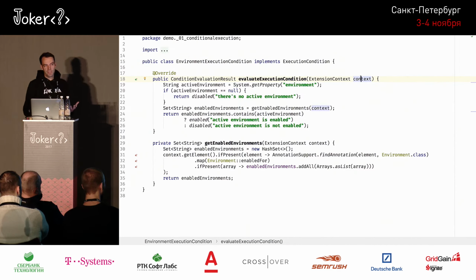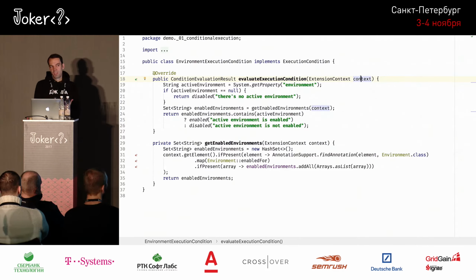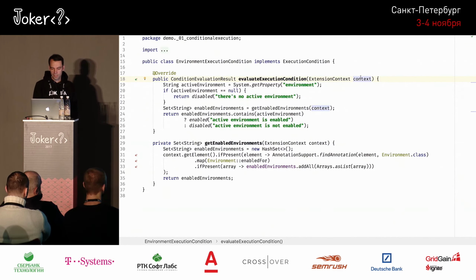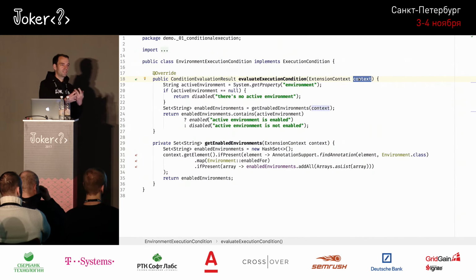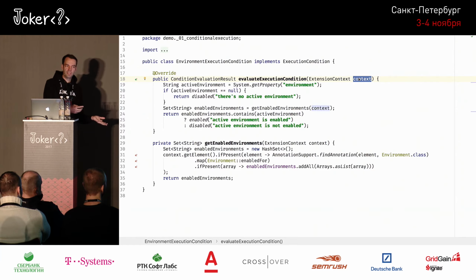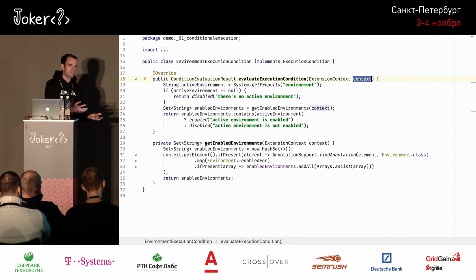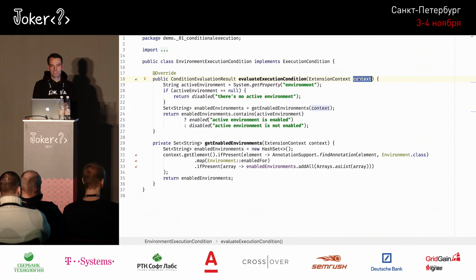For now, you can think of the extension context as a representation of the current location in the test tree. So for example, a test method has an extension context, a test class has an extension context. And from that extension context, you can get access to things like the display name of the test, or which tags it has, which test method it is for, or which test class, all kinds of things.